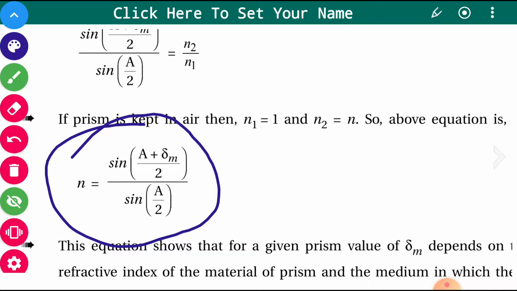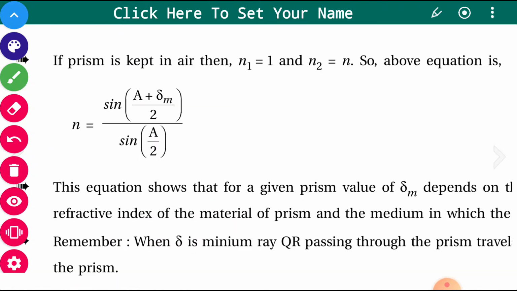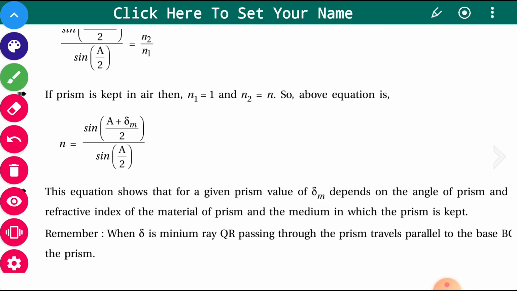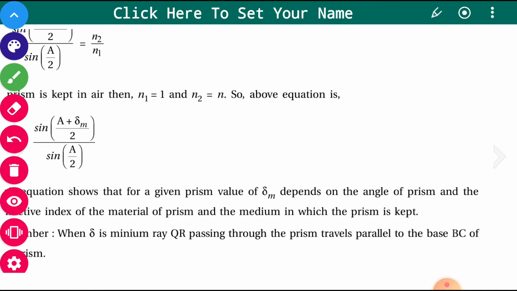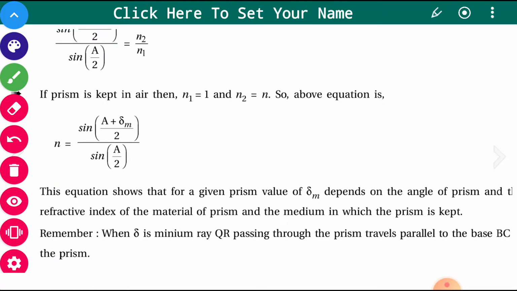This equation shows that for a given prism, the value of delta m depends on the angle of the prism, the refractive index of the material of the prism, and the medium in which the prism is kept.